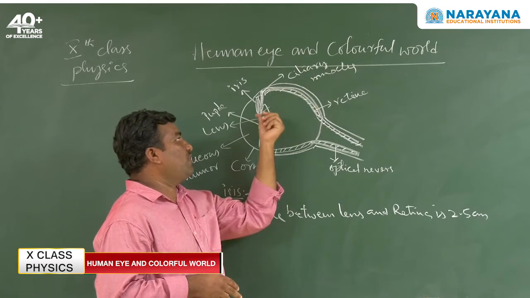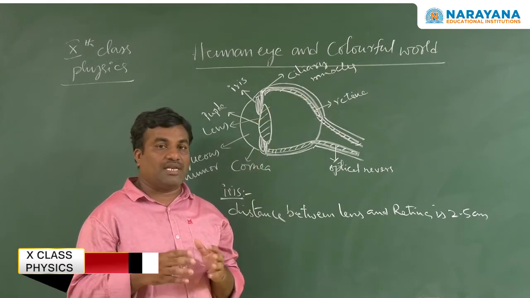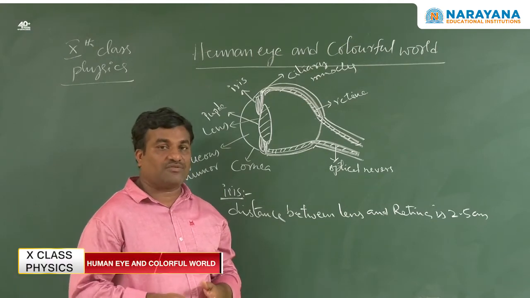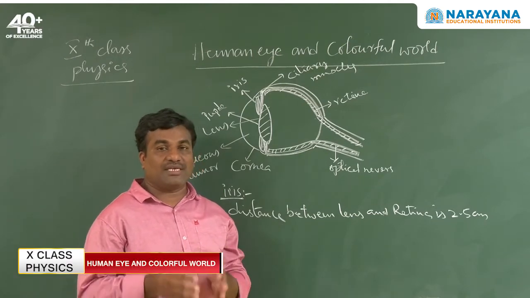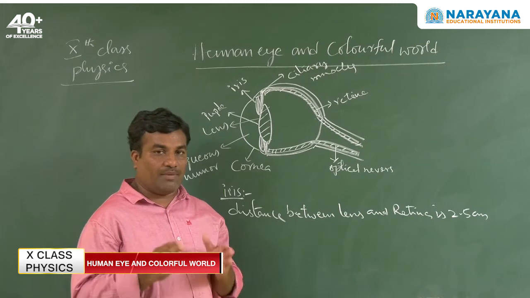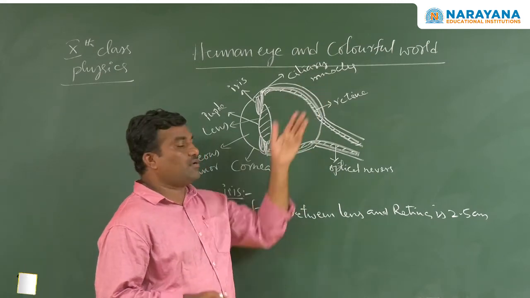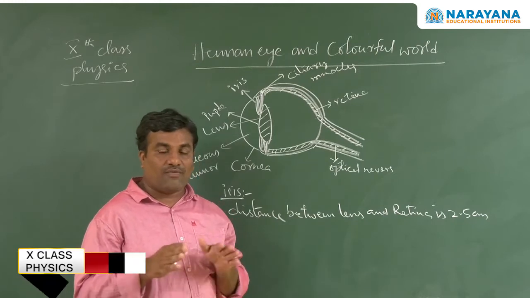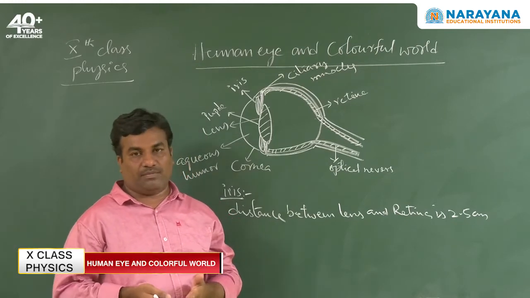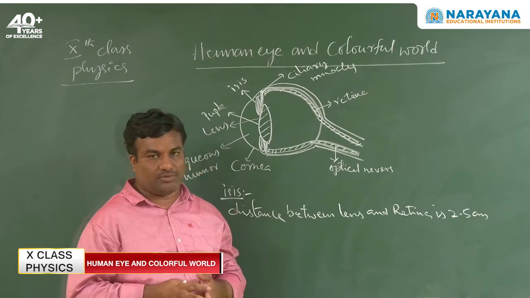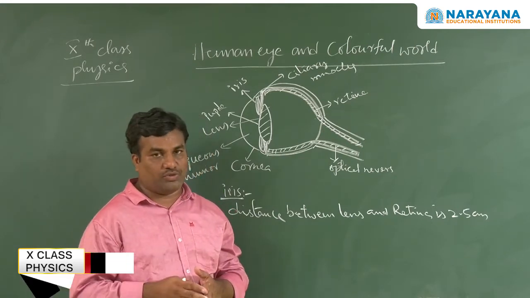The focal length of the eye lens is then equal to that distance. Since the ciliary muscles are relaxed and the focal length is maximum, we can see the image on the retina very clearly. This happens when we focus on long distance objects.